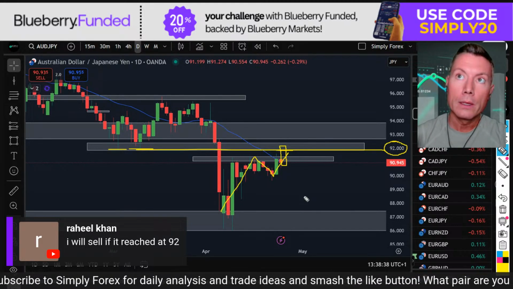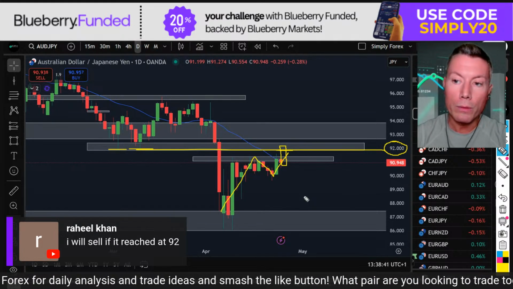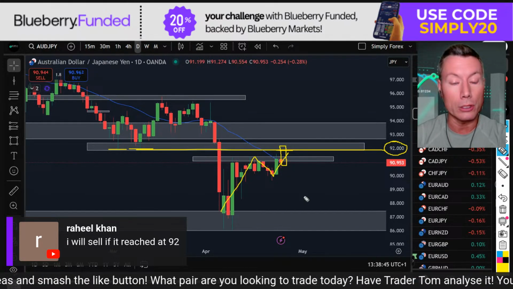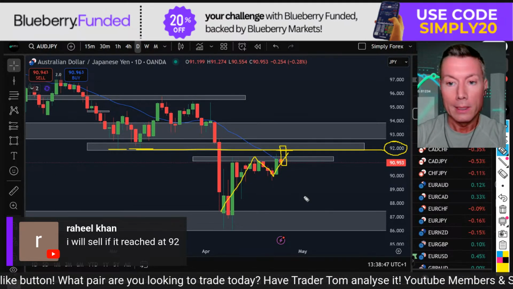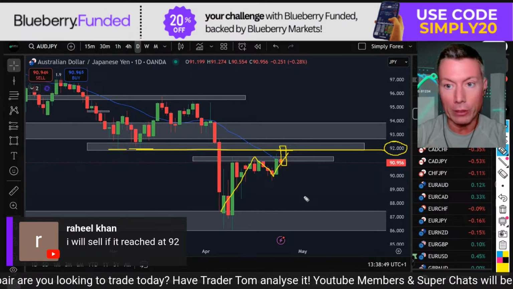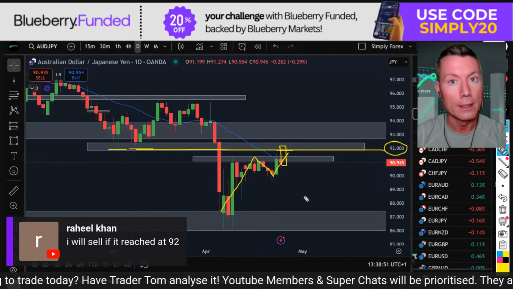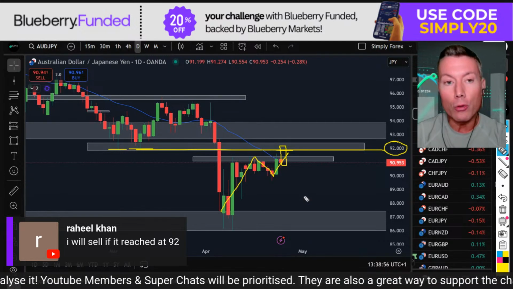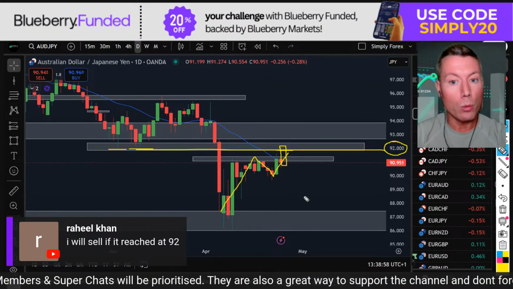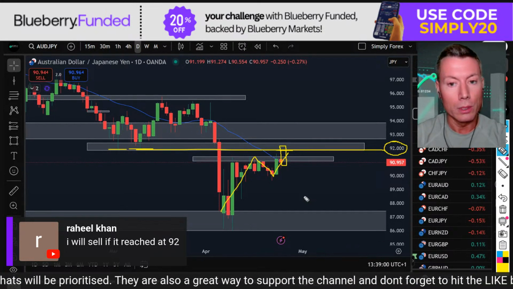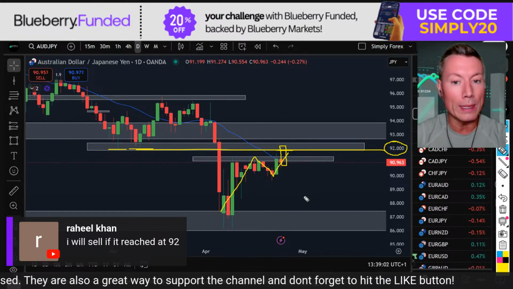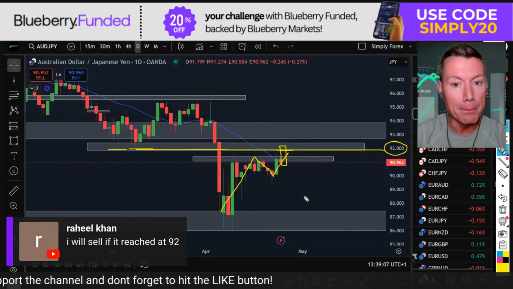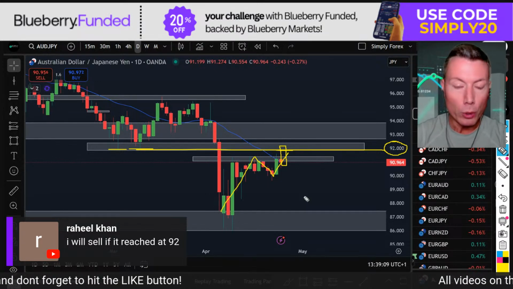So I don't disagree with your preconceived idea, Rahil, like selling at 92. If you looked at the weekly chart, selling at 92 would make very good sense and would be a good trade. But the market and price is so fluid. Once price gets to 92, we need to see what price is doing at that level. If we're seeing a fresh daily structure break and bullish candles, I'm not selling it.